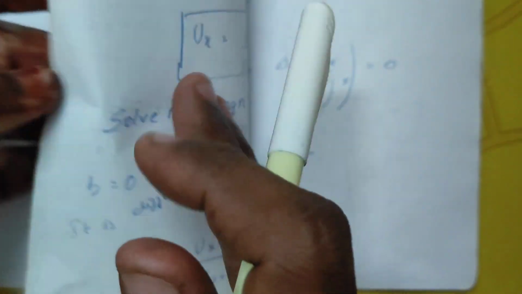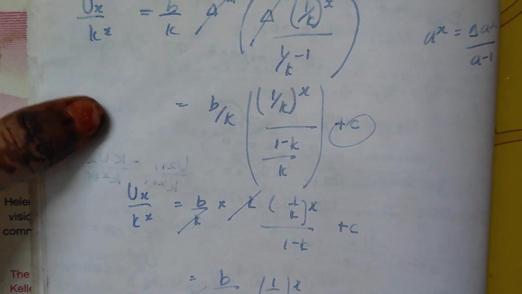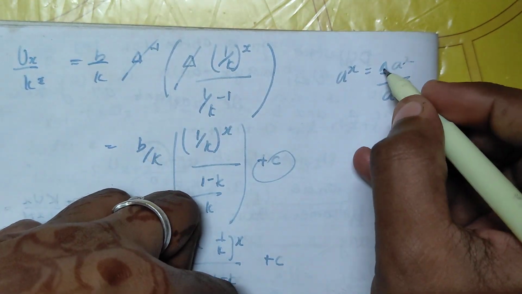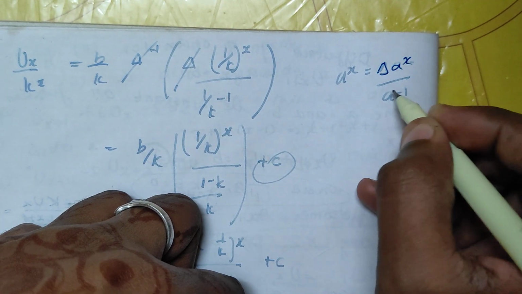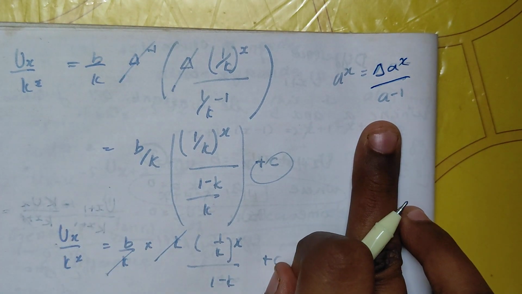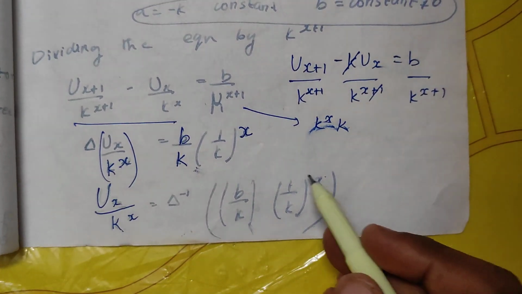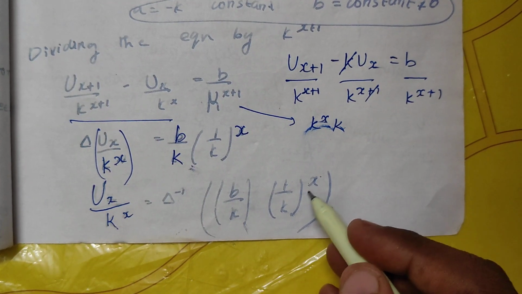Then the next step would be: the a power x formula is delta inverse of a power x equals a power x divided by a minus 1. Here it is in the format of a power x, 1 by k to the whole power x.